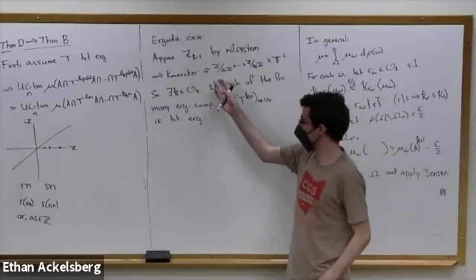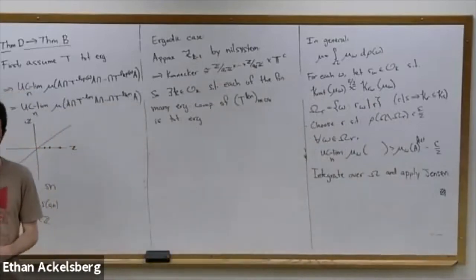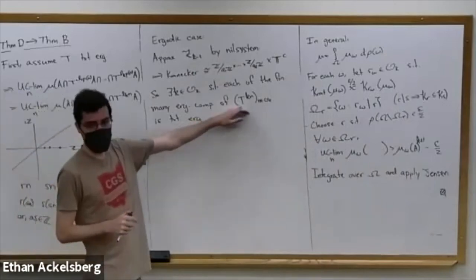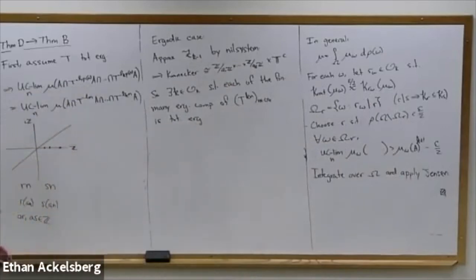So another way of thinking about this is basically the same thing we did in the last proof. Just look at the rational Kronecker factor of your system, and then approximate by a finite rotation. So if the rational Kronecker factor is a finite rotation, then you have this property, because you can take a power that will trivialize the entire finite rotation. And so you've gotten rid of the rational Kronecker factor, which means at least on ergodic components, it's totally ergodic.